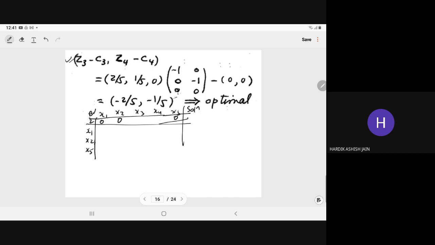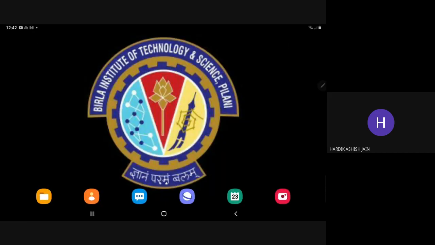And we have computed here the Z3 minus C3, which is CB B inverse P3 minus C3, and Z4 minus C4 means CB B inverse P4 minus C4. And this value will come minus 2 by 5, and minus 1 by 5. So that is the Z coefficient.